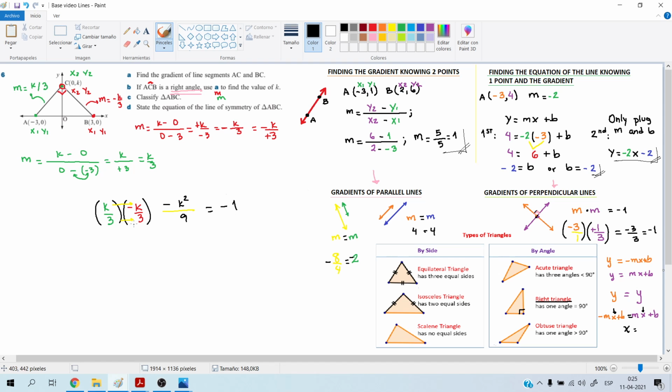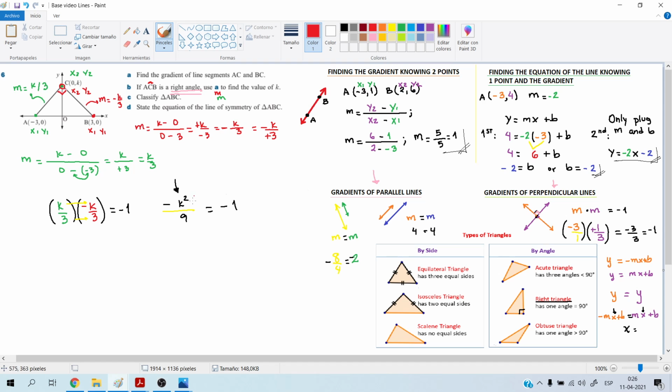Why -1? Because when you multiply these two, the answer is -1. Let me take it back a little bit there, and let me show you. This equals -1. How do we solve this? Like this. And we equate all of that to -1. Now we can solve this.